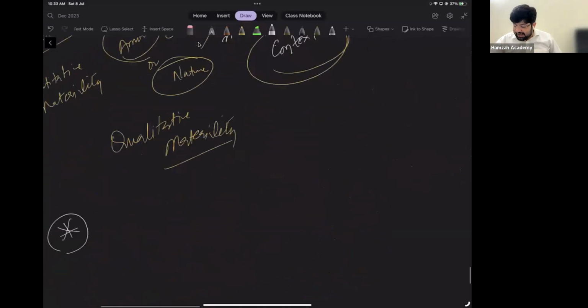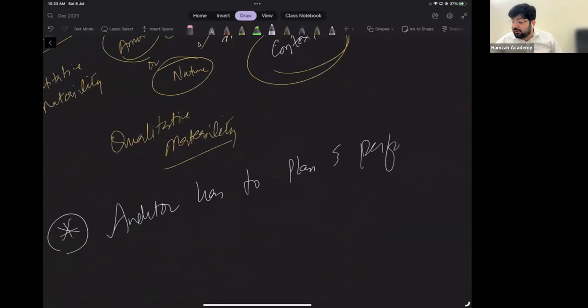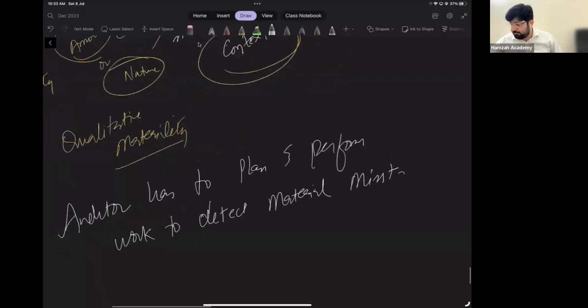So the auditor has to plan and perform work to detect material misstatements in financial statements.